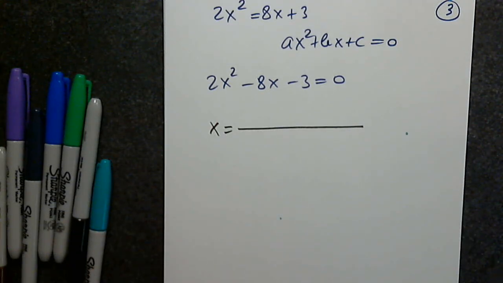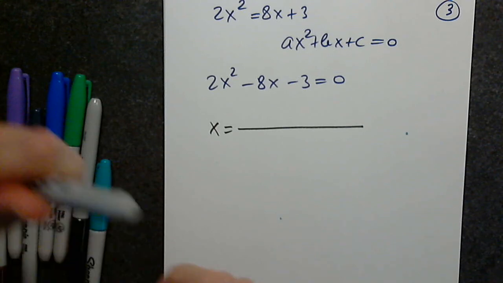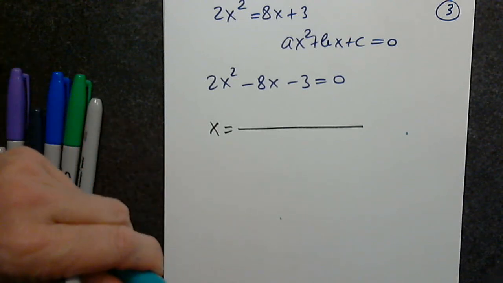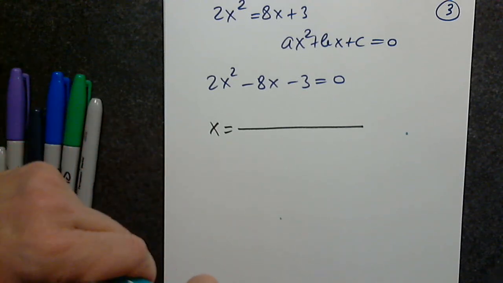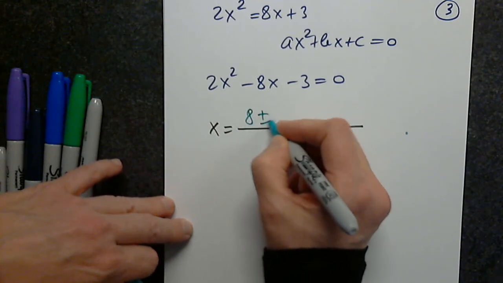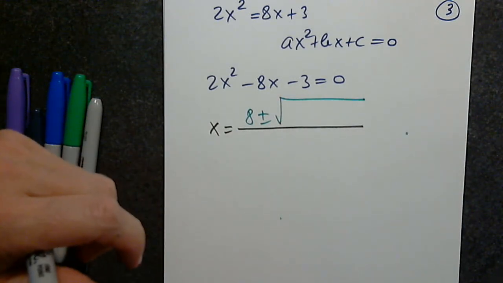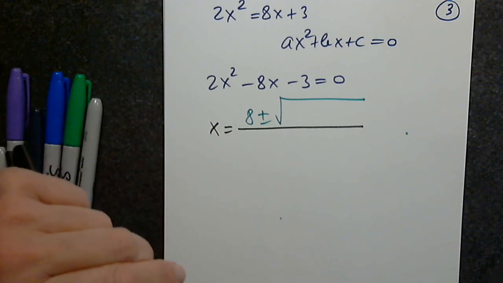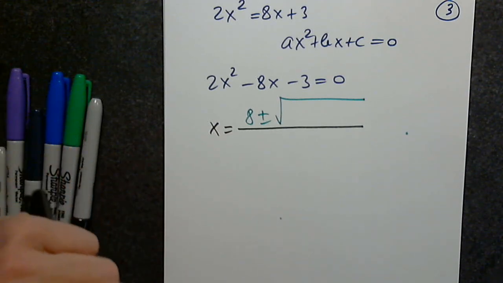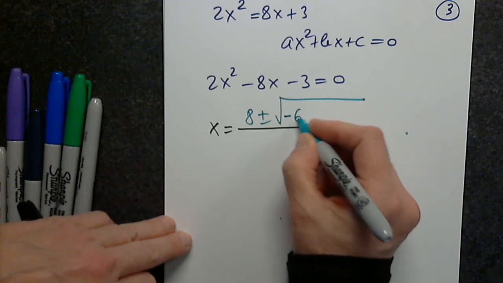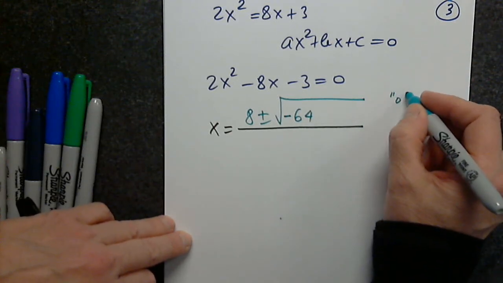Negative b. What do I write? It'd be positive 8, right? Excellent. Plus or minus the square root of negative 8 squared. If I see something like this, I do not give any credit.